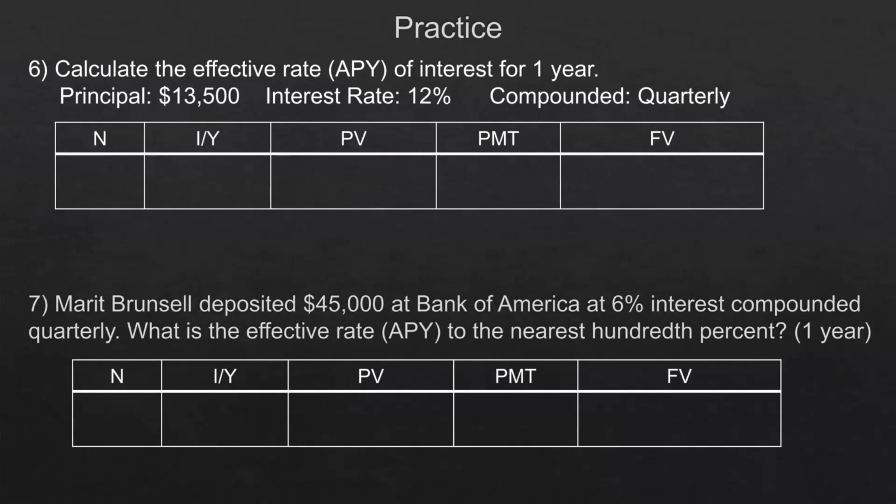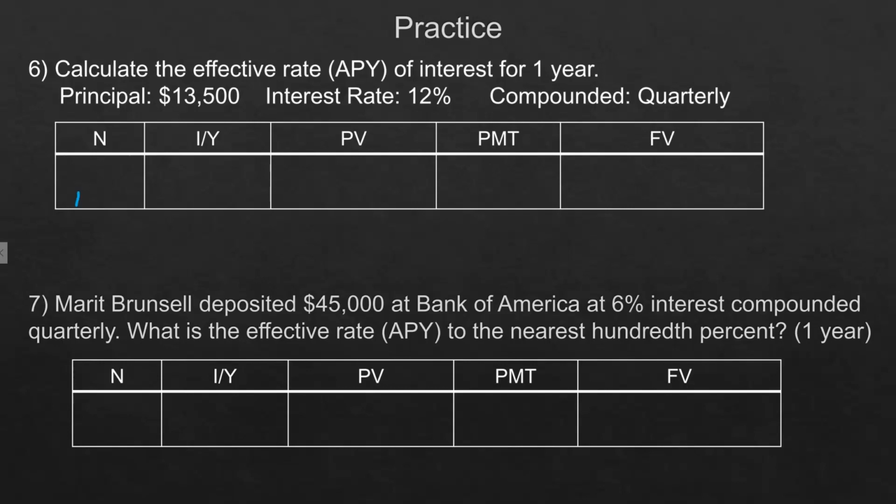Okay, so let's calculate APY a couple of times. On this first one, we have to first calculate everything on the chart using our financial calculator. So we have a principal of $13,500. The interest rate is 12%. It's compounded quarterly. We're just doing this for 1 year.